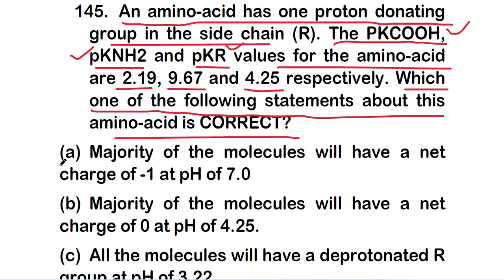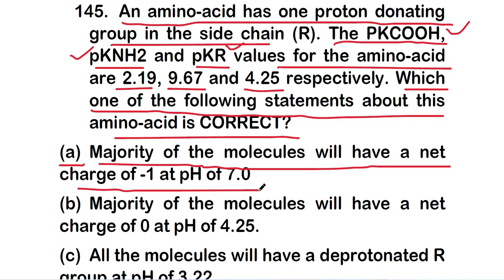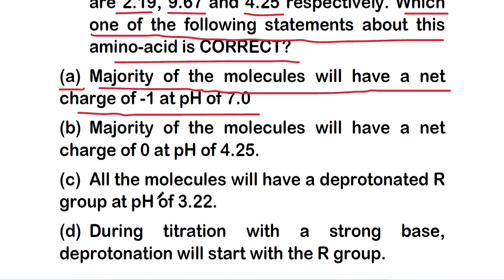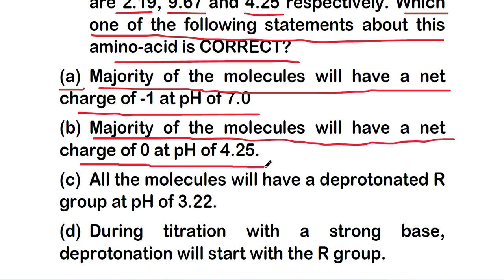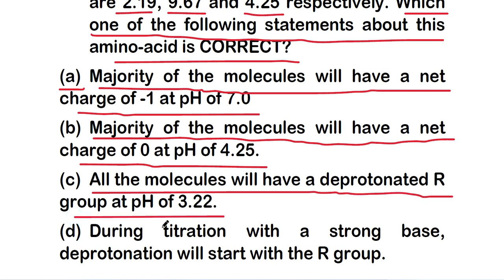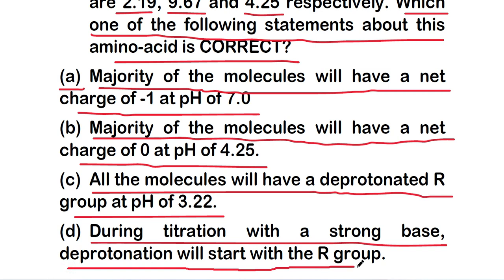And the options are option A, majority of the molecules will have a net charge of -1 at pH 7, option B, majority of the molecules will have a net charge of 0 at pH 4.25, option C, all the molecules will have a deprotonated R group at pH 3.22, and option D, during titration with a strong base, deprotonation will start with the R group.